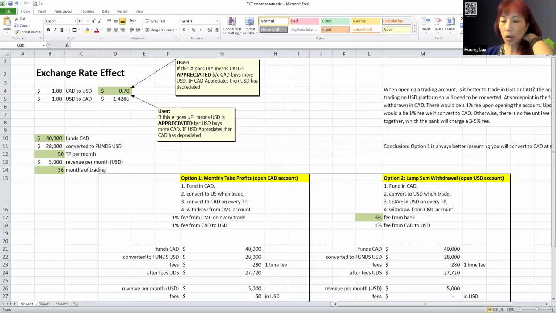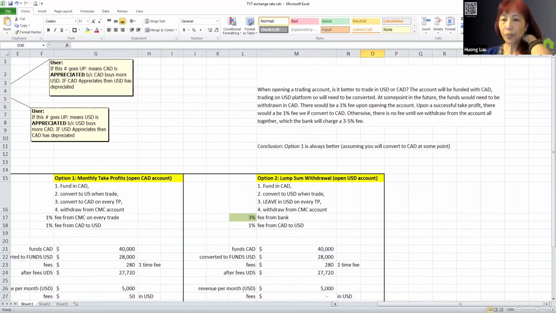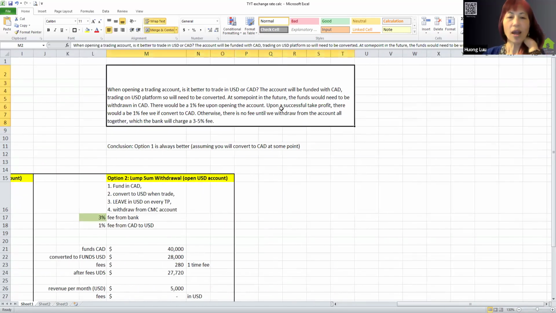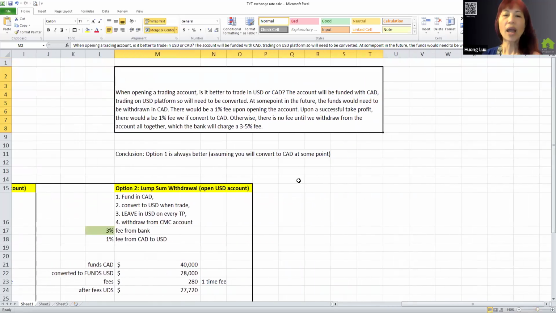Let's go over here and I'm going to show you the question that I'm trying to answer, which is in this box here. I'm just going to make this a little bit bigger as well. So when opening up a trading account, is it better to trade in US dollars or Canadian dollars?